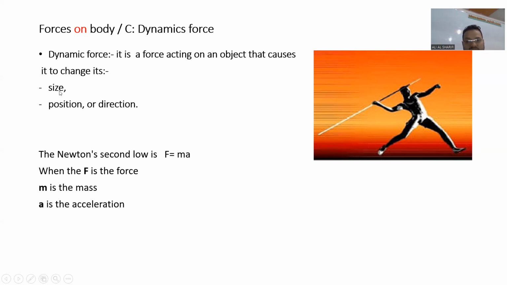Size means its length. Let's take a look at its mass. Maybe it will change a little bit, sure. And after that, we will try to link that with our lives. Newton's second law is, as we know, force equals mass multiplied by acceleration.